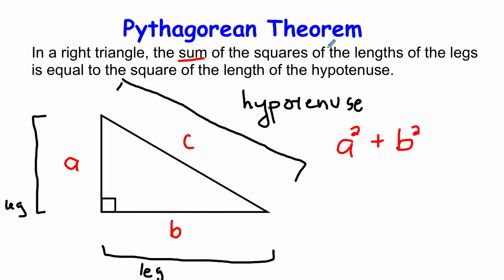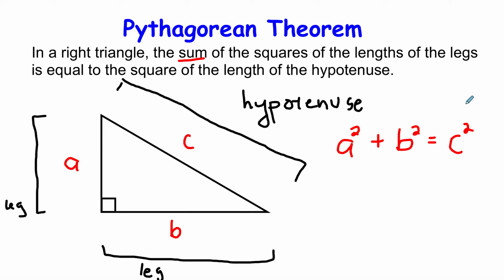The sum of the squares of the lengths of the legs is equal to the square of the length of the hypotenuse. Well, what's the length of the hypotenuse? We're calling that C. So this is A squared plus B squared equals C squared. So that's the Pythagorean theorem in short.